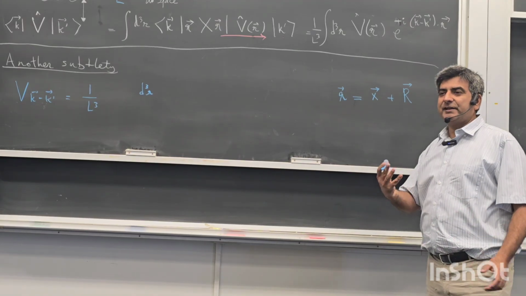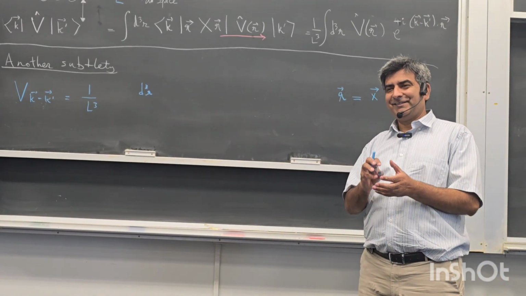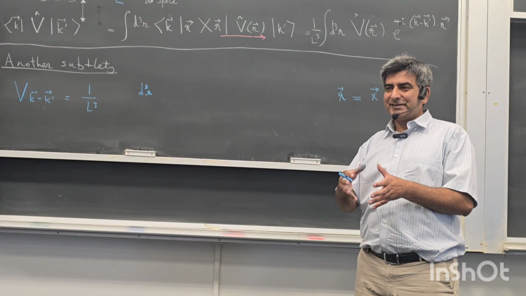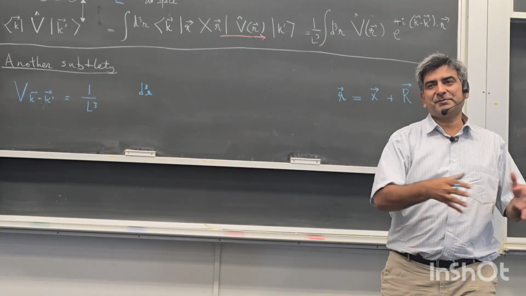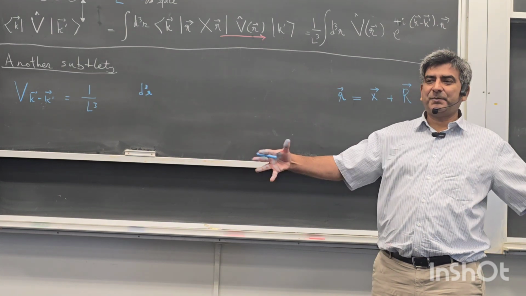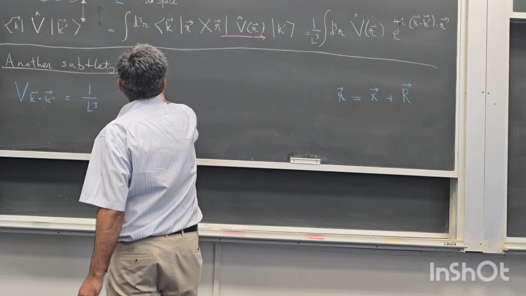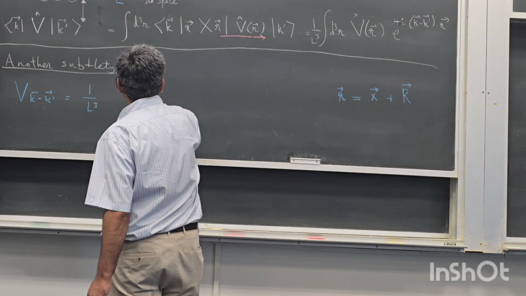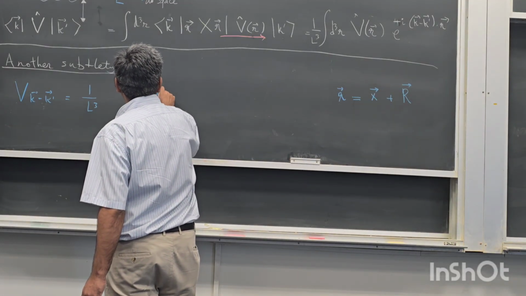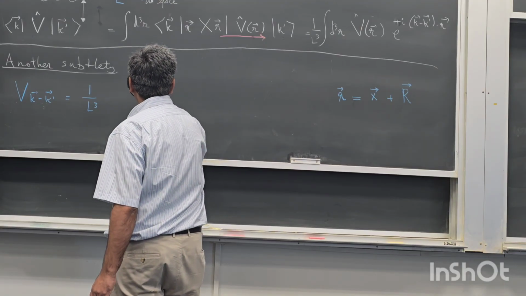Since the unit cell is a repetitive unit, I can just integrate over all the points inside a unit cell and then translate with all possible translation vectors. I'll generate the entire integral over all of space. So I could write this d cube r as d cube x, integrated only over a unit cell.